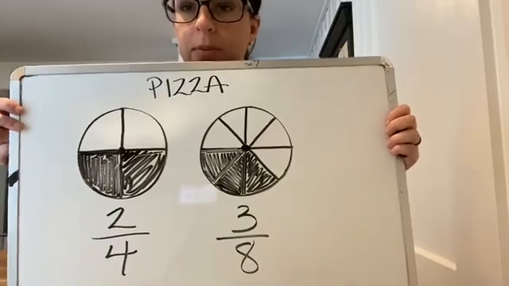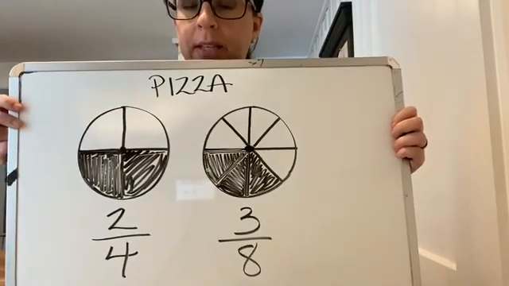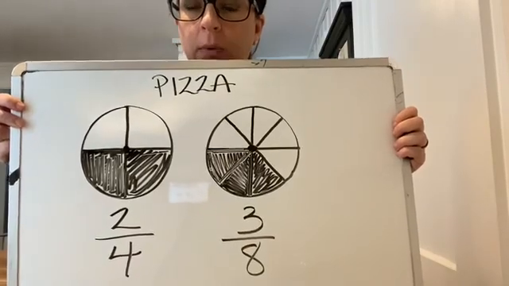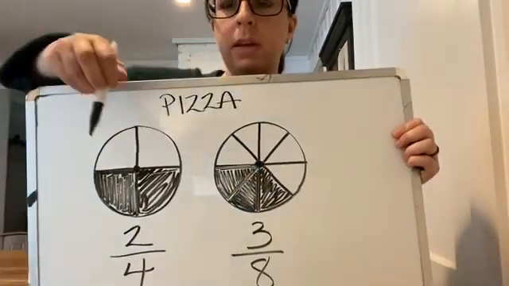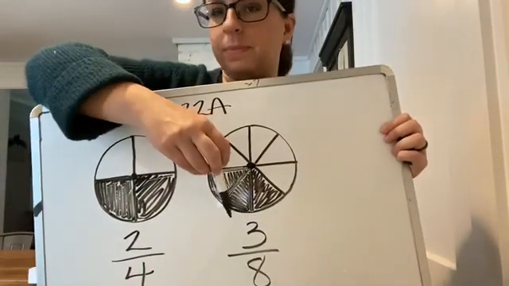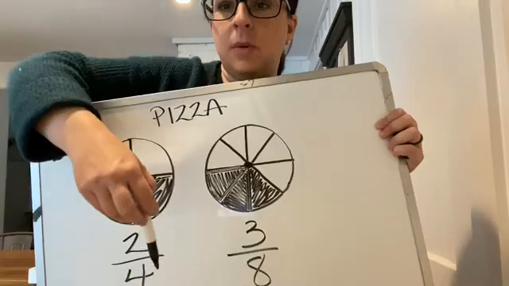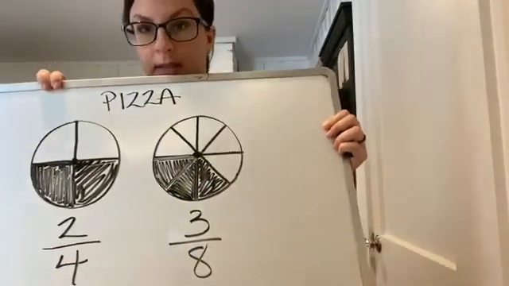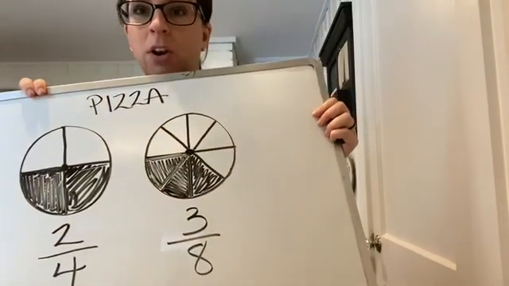It doesn't take up as much space. As many pieces are not missing, or as much pizza is not missing, okay? And also, look, what do I do to 2 to get 3? I can't multiply or divide. Okay, 4 times 2 is 8, but I can't do it to the top. So if you can't do the same thing to the top and the bottom, they are not equivalent.